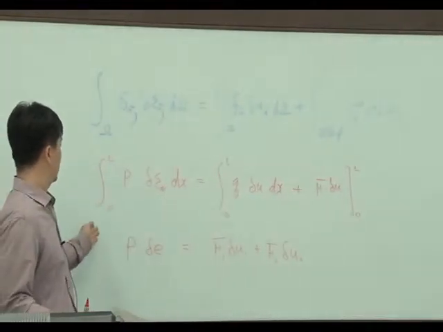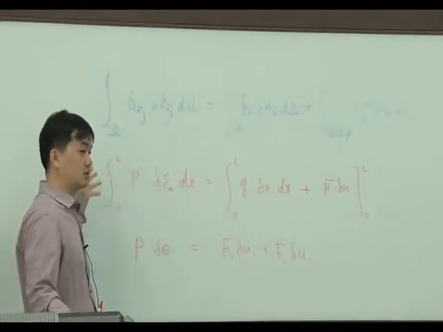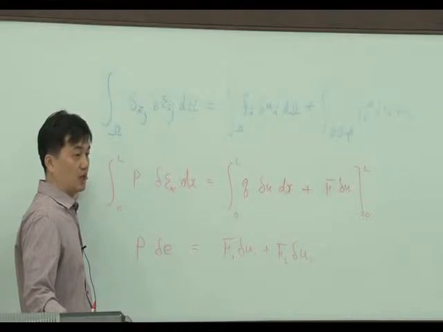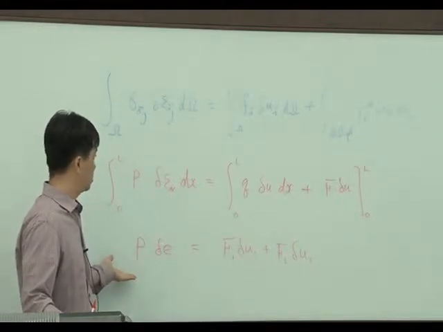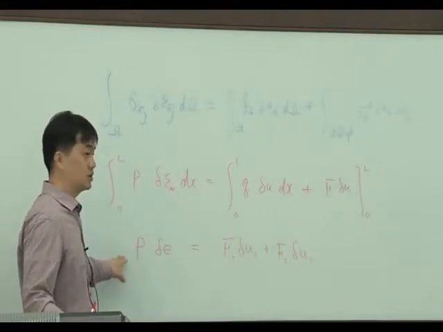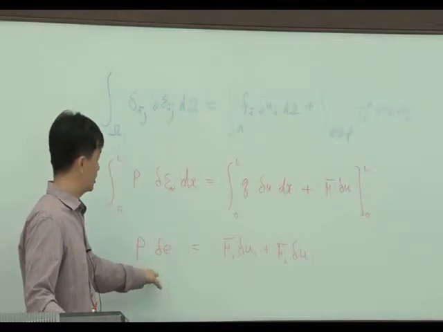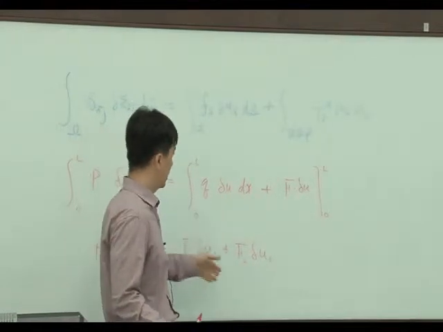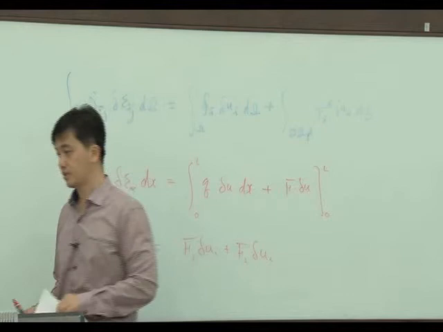Same thing. For the spring case, we don't need to integrate this equation along the bar length, so the equation becomes much simpler. The left-hand side becomes just spring force and stretch. On the right-hand side, we don't have a distributed force, and this term becomes just like this, right? Very simple.